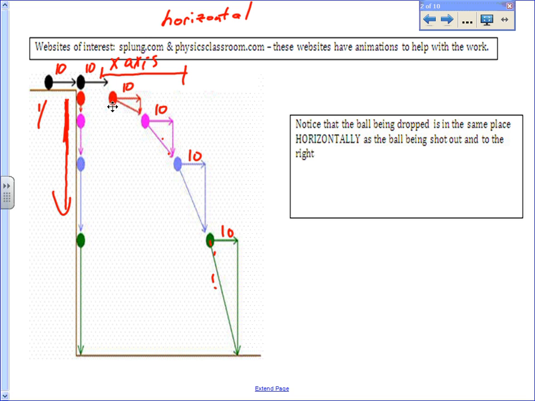Coming down, the velocity would actually start at 0, but then as it falls, the velocity will increase.